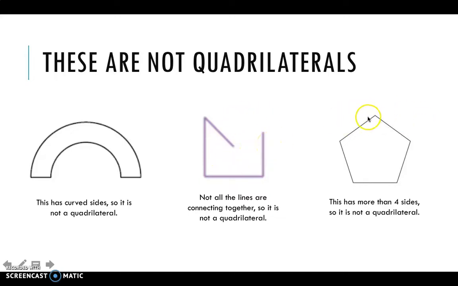This one right here, you might think it is, but if you go back and count the sides, let's do that together right now to see. 1, 2, 3, 4, 5. Oh, so because it has more than four sides, that is not a quadrilateral, because a quadrilateral needs to have four sides only.